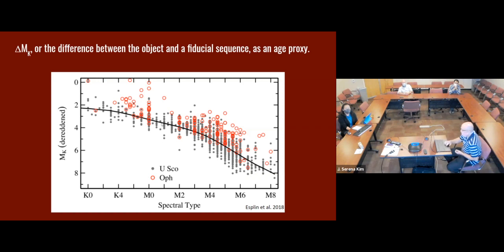So you can take each star here, measure its distance to this black line, and use that as a proxy for age. And once again, I stress, don't believe the individual age of an individual star, but as a group, you see the overall group is shifted higher than Upper Sco.